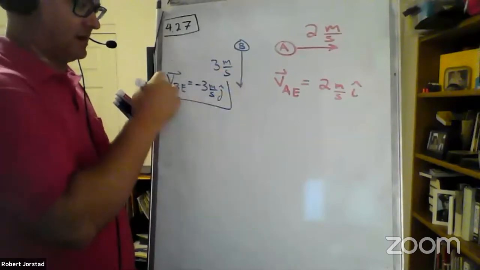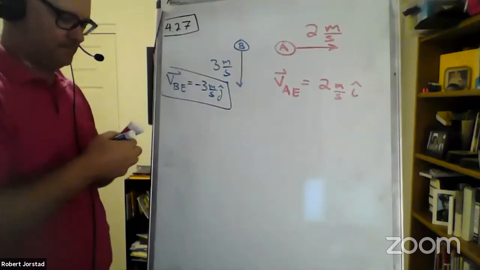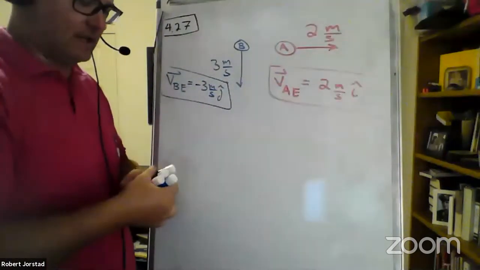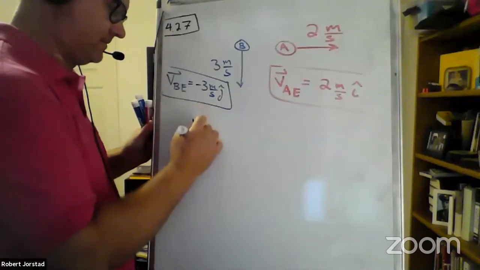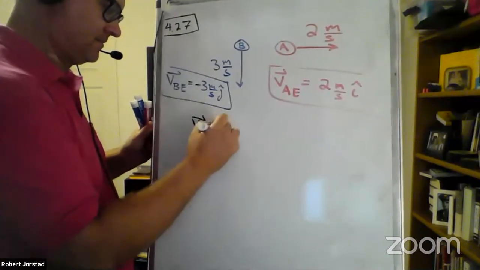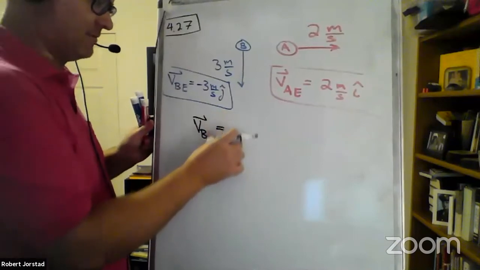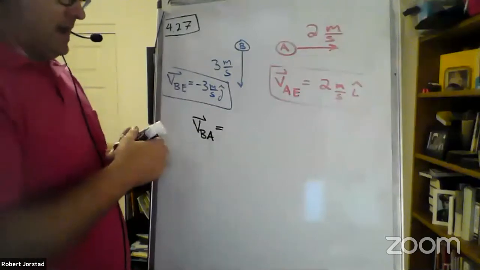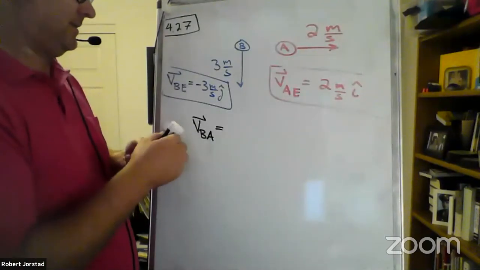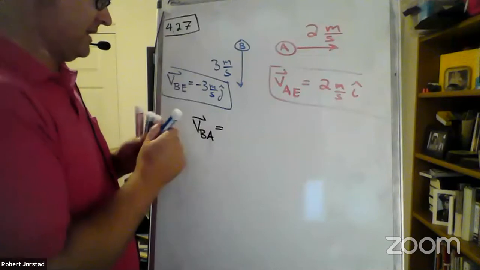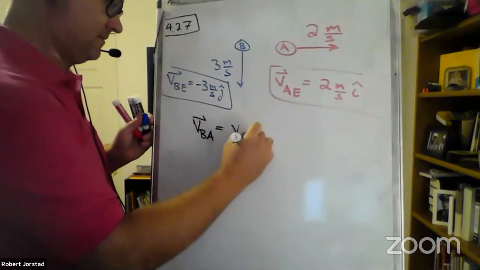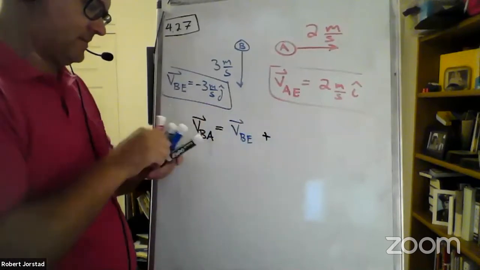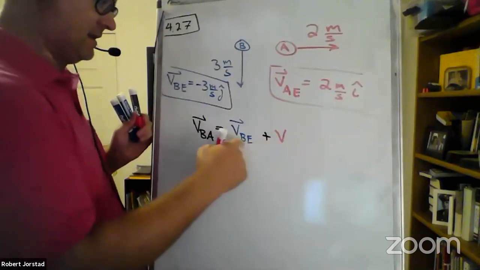We get a j hat on this one now, right? So in this case, if I try to get the relative velocity, oops, I want the velocity of B relative to A, that is going to be VBE plus VEA.